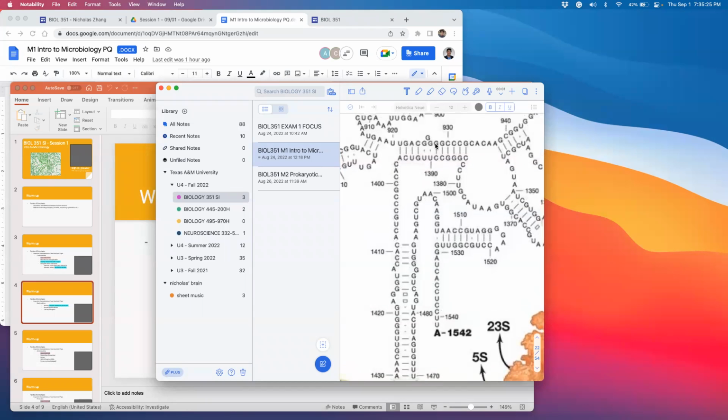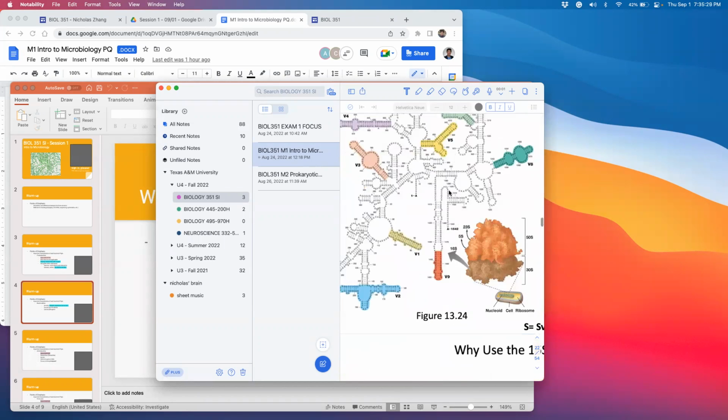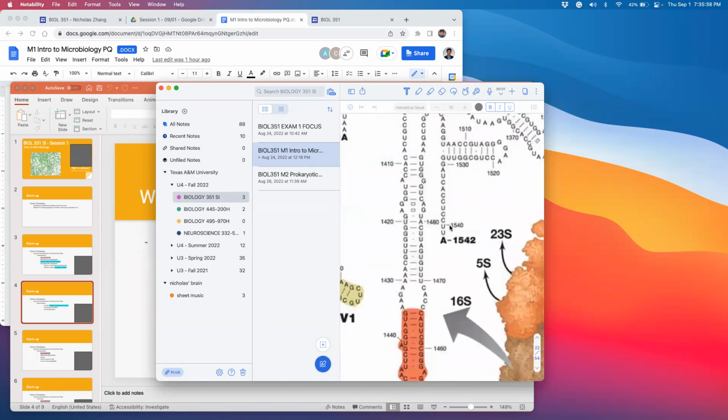Yeah, this is folded on itself, but it's not double stranded because it's the same segment, and it loops all the way back around and connects with itself. Double stranded would have a complementary strand. That's how we know that.